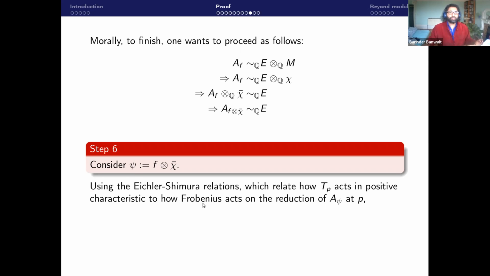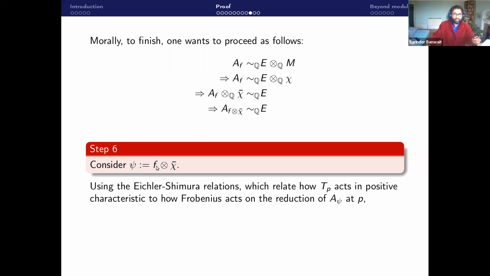This is a newform in this case, and to do this properly, one uses the Eichler-Shimura relations. So this relates how the Hecke operator at p acts in positive characteristic to how the Frobenius acts on the reduction of the abelian variety associated to psi.